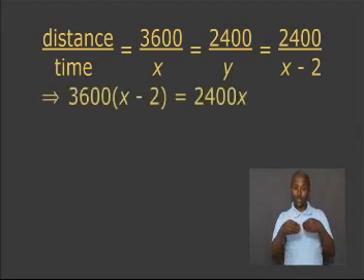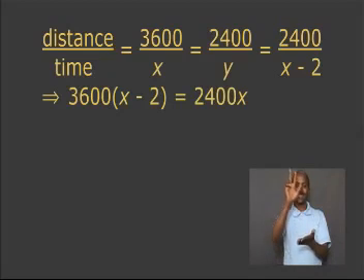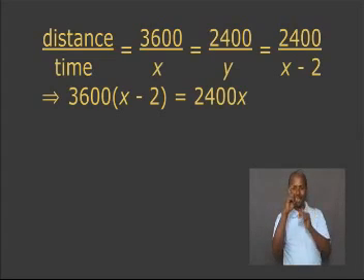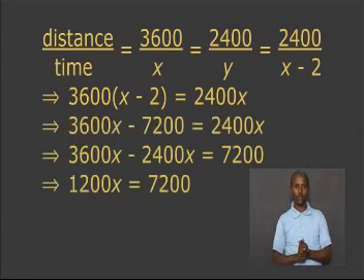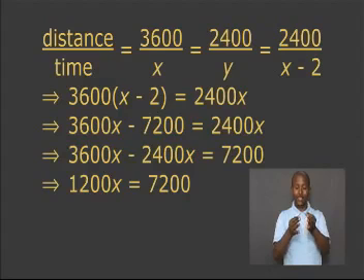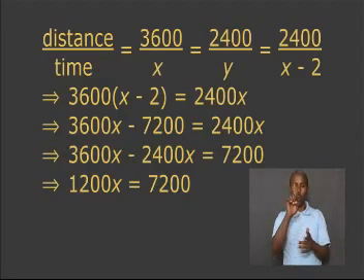This gives us 3,600 times x minus 2 equals 2,400x. We can express this equation as 1,200x equals 7,200.